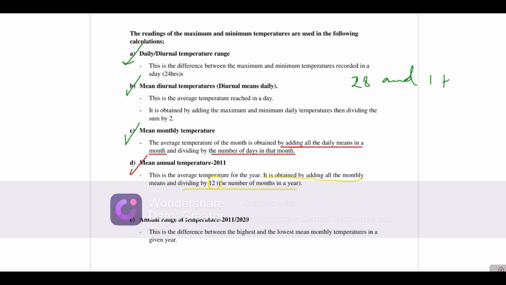We are going to look at an example whereby we will have a statistical table and be asked to do these particular calculations. So part E, the annual range of temperature. For the annual range of temperature, we are going to get the difference between the highest and the lowest mean monthly temperature in that given year.